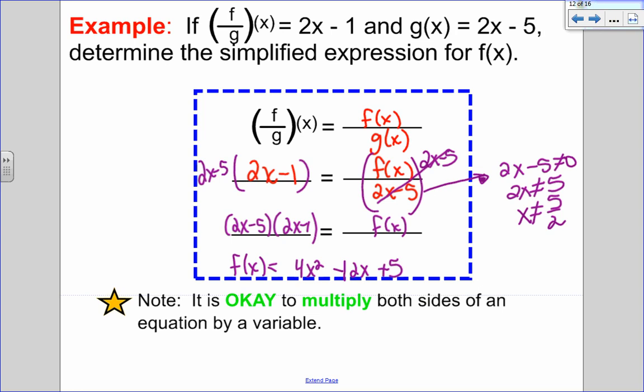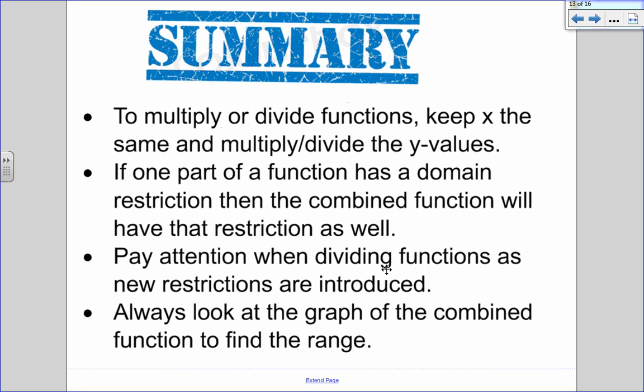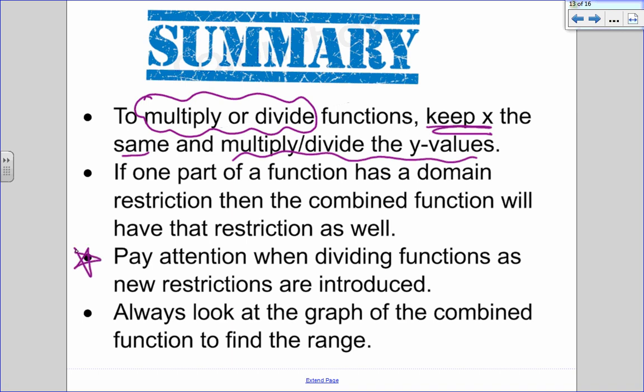Okay, so to summarize the lesson, when I multiply or divide functions, I keep my x value the same, and I only multiply and divide the y values. So when I'm dealing with functions, I'm always dealing with the y values. I always want you to pay attention when dividing functions to any new restrictions that are introduced, because you can't divide by 0.